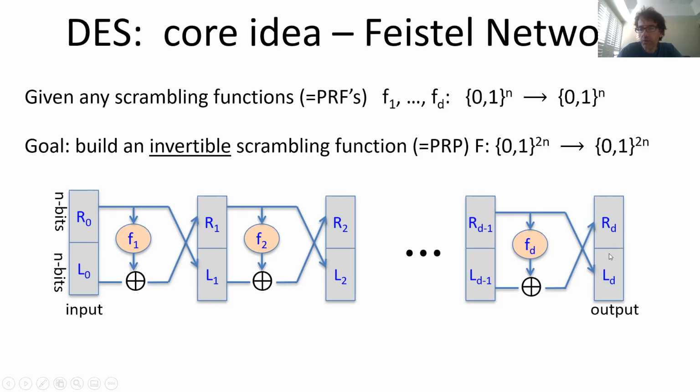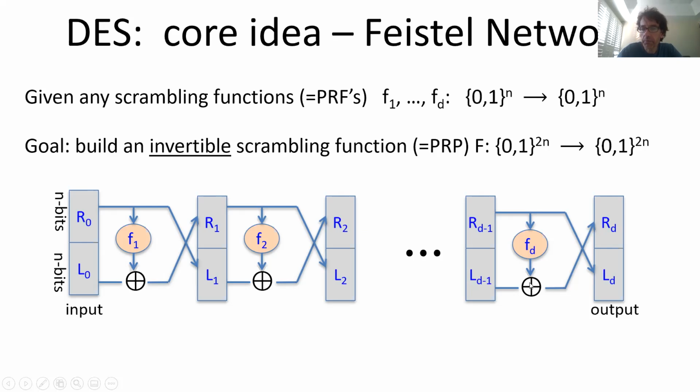Well, I use the left side of the input of this. I have these two registers, so I parse it as left and right. I take the left and I apply the last round function to it. I recompute this wire, and I have this wire.